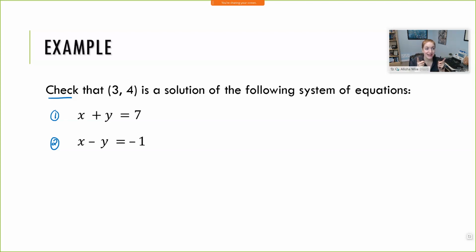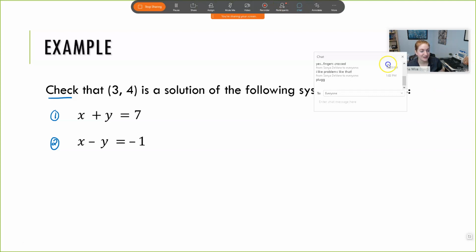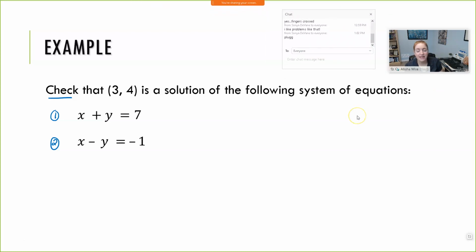How do we check things? We've got to plug it in, plug it in. Exactly, Sonia. Yeah, plug it in. So we're going to plug in 3 for x and 4 for y. Remember, it's always x then y into both equations. The solution has to work for both equations to be a solution of the entire system. So let's plug it in.